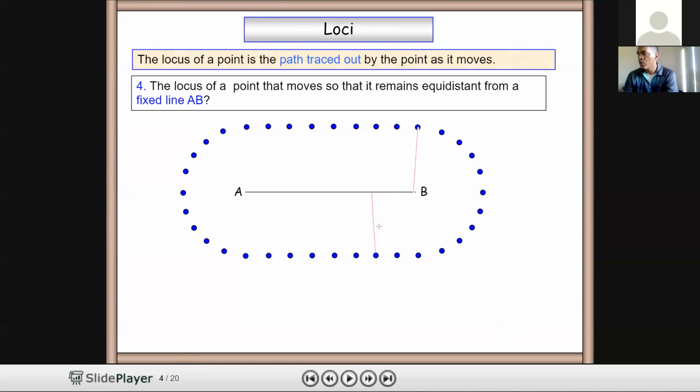So all these points are equidistant from A and B everywhere. And this is the end result of locus. If we can draw something like this, then we fully understand the locus. So it surrounds all the points of the line at the same distance everywhere. There's no place that the line is not the same, okay? That is what it basically means.